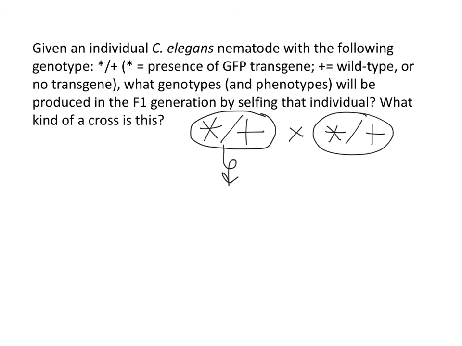So what does the Punnett square look like? What are the dimensions? Each of those parents can create, well, it's the same parent. You either get an asterisk or a plus. It's a simple monohybrid Punnett square.